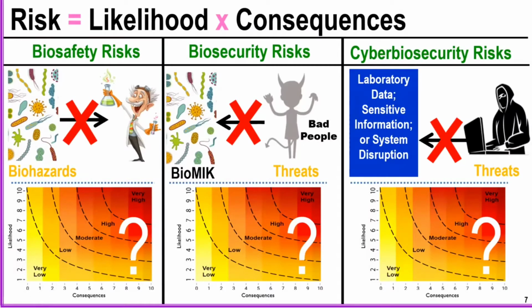Here, the likelihood is the probability of non-pleasant events occurrence that affects the environment, and consequences is the environmental impact if an event occurs. To mitigate the biological risks, the risk assessment should be robust.